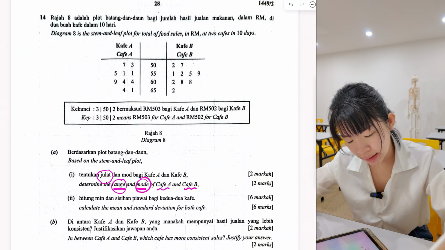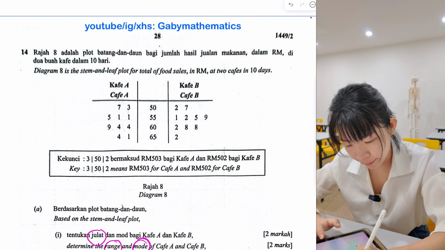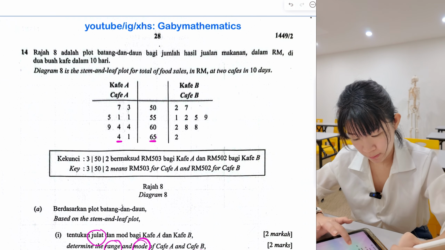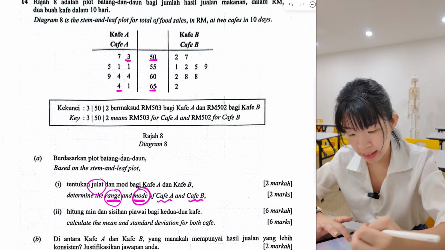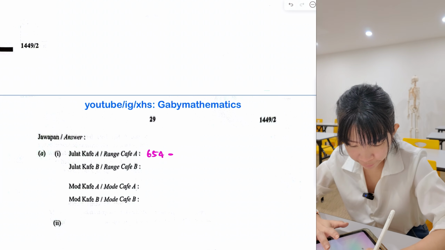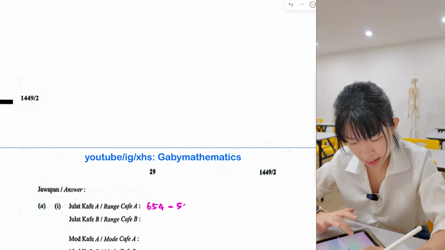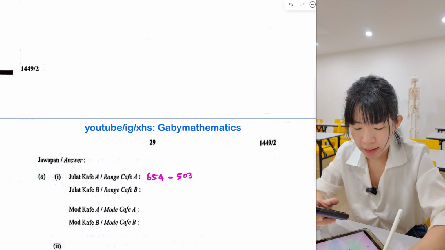Okay, for range, cafe A, the biggest data is 654. Then the smallest is 503. 654 minus 503, so it is 151.